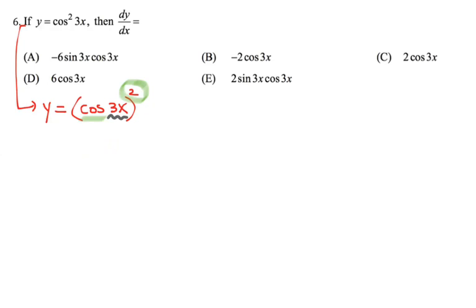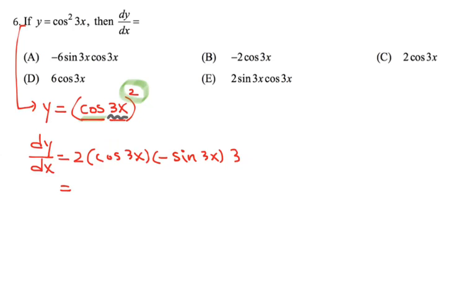So what is dy over dx? First, we have to use the power rule to deal with the square. So we end up getting 2 times cosine of 3x. Now, second, the derivative of cosine becomes negative sine of 3x. And then lastly, taking the derivative of 3x becomes 3.